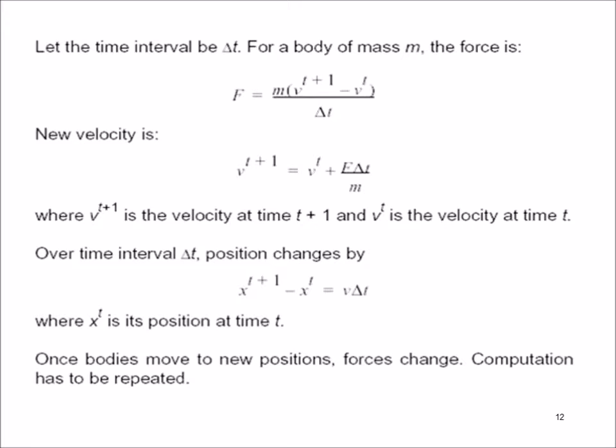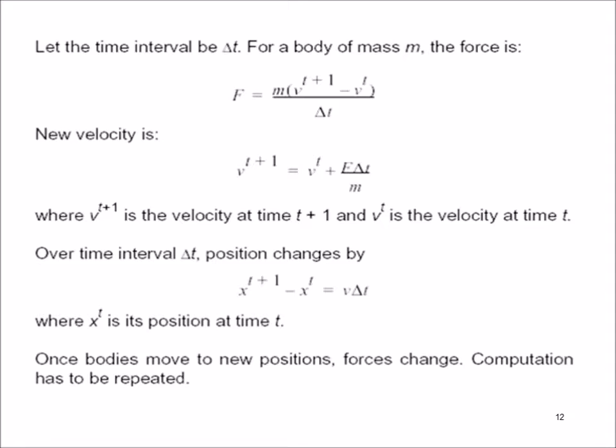So if the time interval is delta t, then if the mass of the body is m, the force is given as: mass times velocity at t plus 1 minus velocity at t, divided by delta t. So this gives us the new velocity at t plus 1, that is velocity at t plus F delta t divided by m, where v_t+1 is the velocity at time t plus 1 and v_t is the velocity at time t.